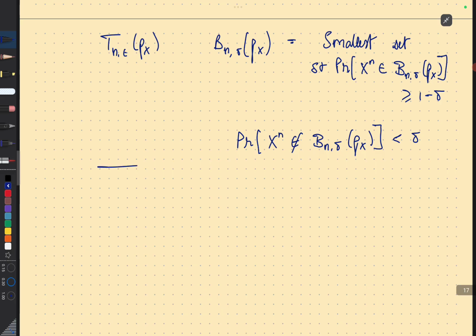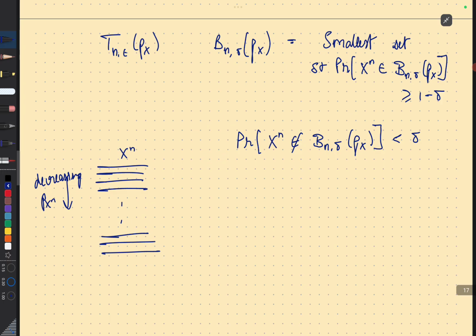All right. So you list the sequences in decreasing order of probability. And then you list the top k sequences such that the total probability is just more than 1 minus delta.